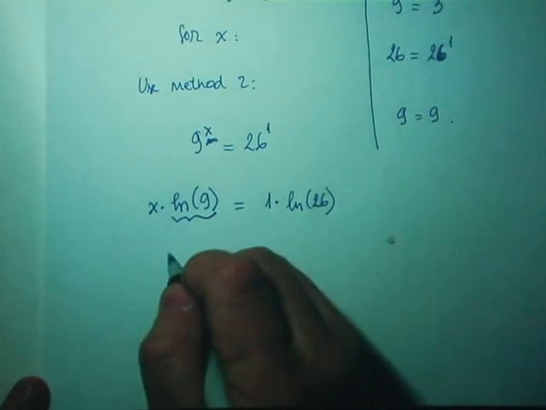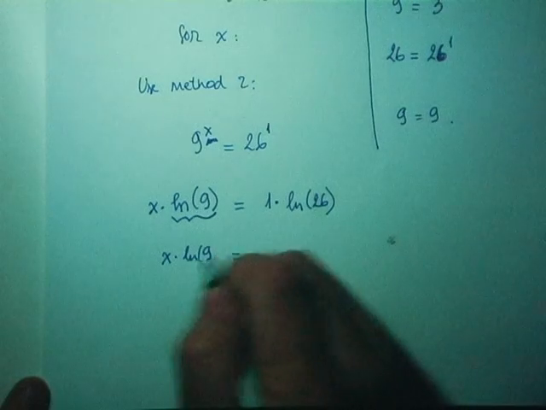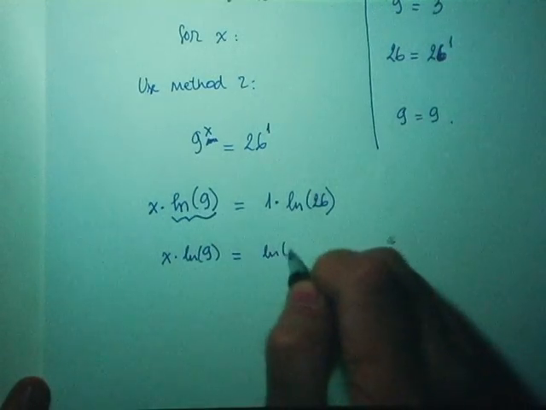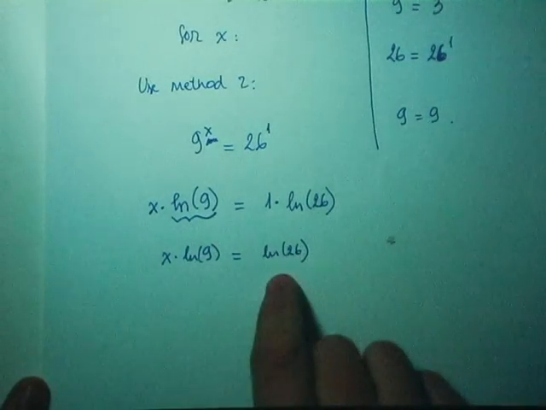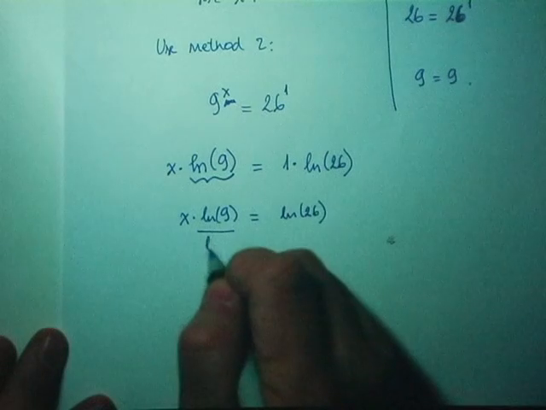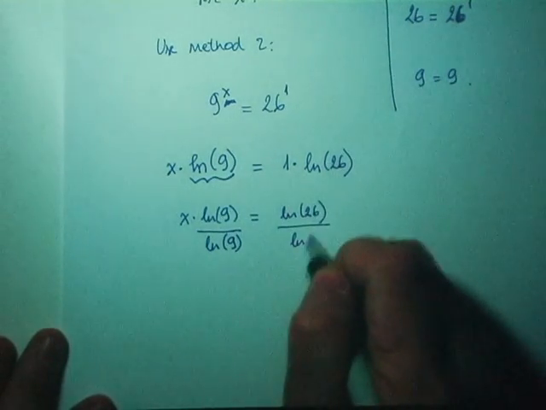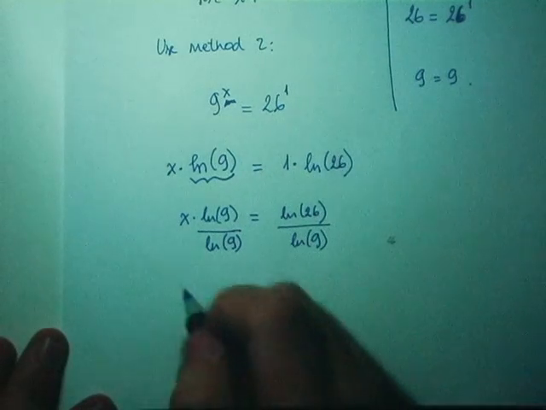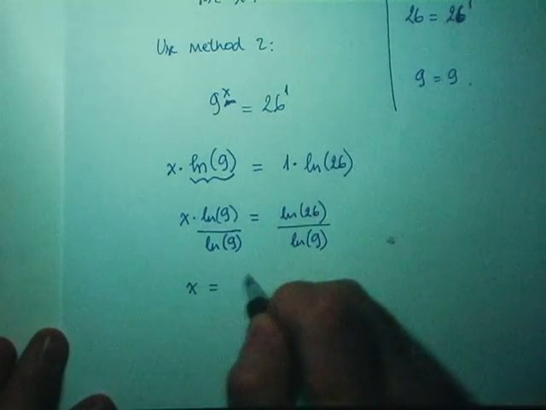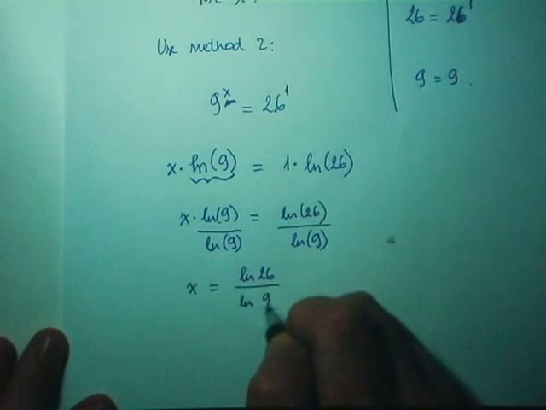So my equation will look like x times natural log of 9 equals natural log of 26. And once again, 26 is another existing number out there. So to solve for x, all you have to do is divide both sides by natural log of 9. That gives me x equals natural log of 26 over natural log of 9.